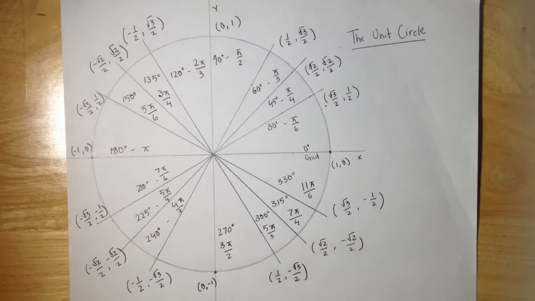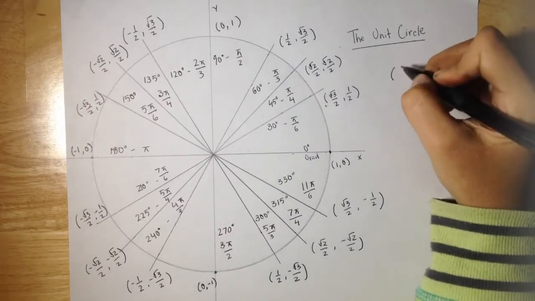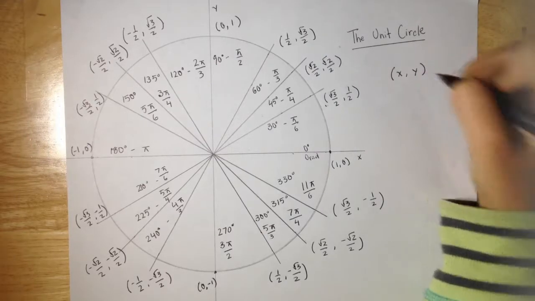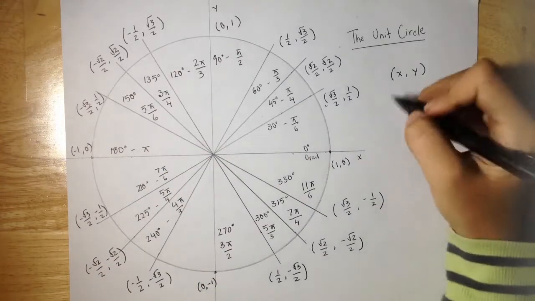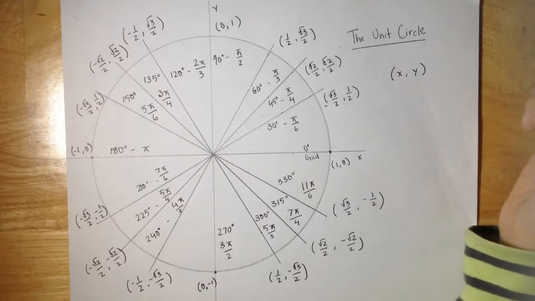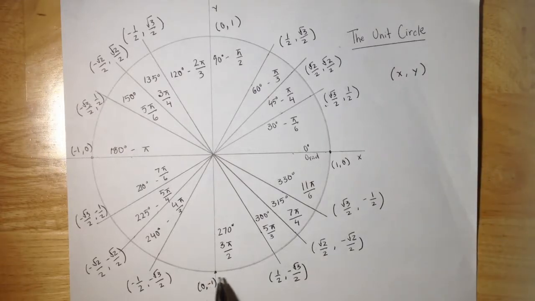So this is a really helpful tool because we can use this in trigonometry when calculating sines, cosines, and tangents. So we know how an xy coordinate is. These are all xy coordinates. And we can use every xy coordinate on this circle to calculate the sine, cosine, or tangent of any of these angles.